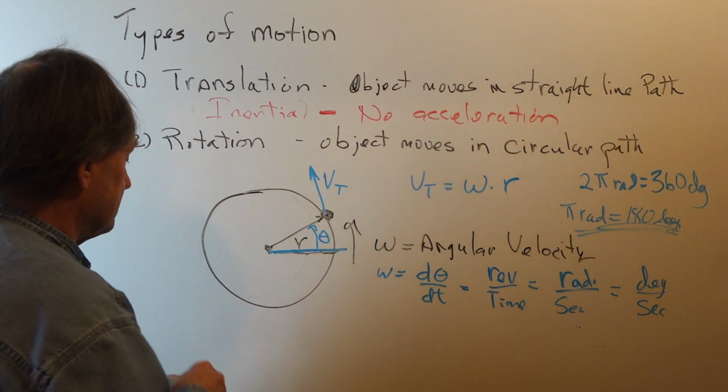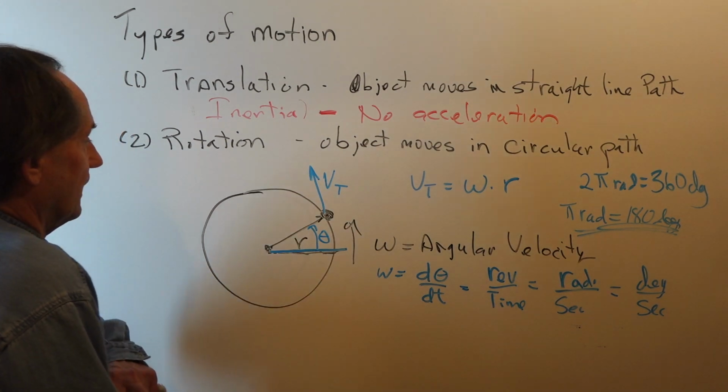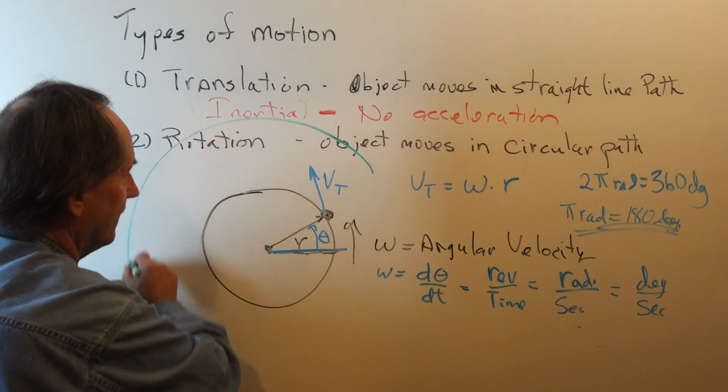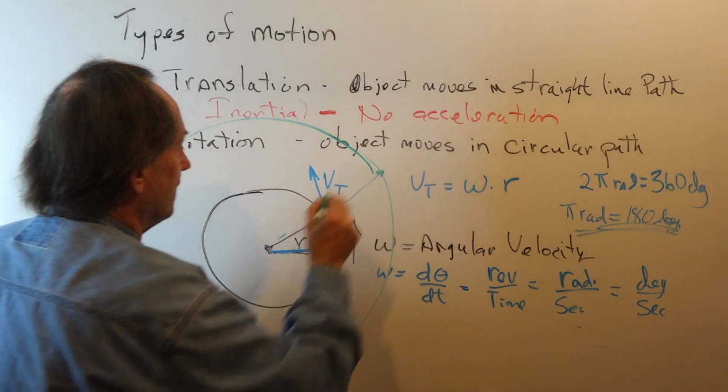You can see that. Suppose I have a larger circle around here, and we extend our radial vector out.